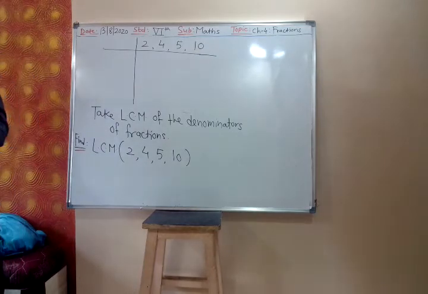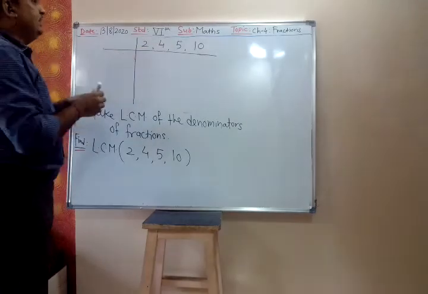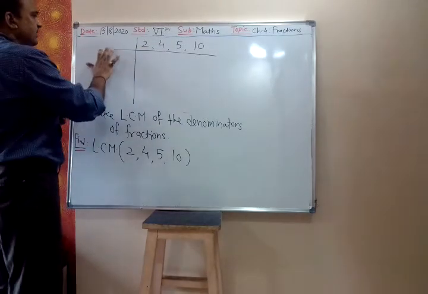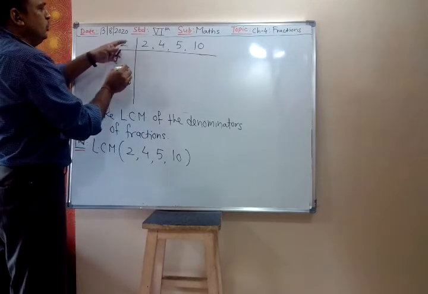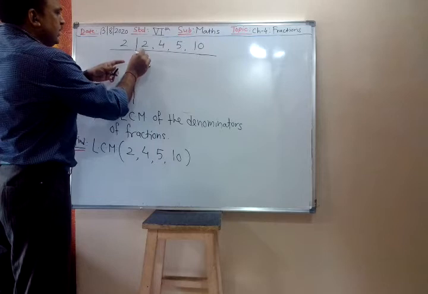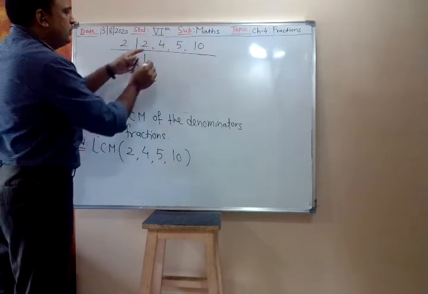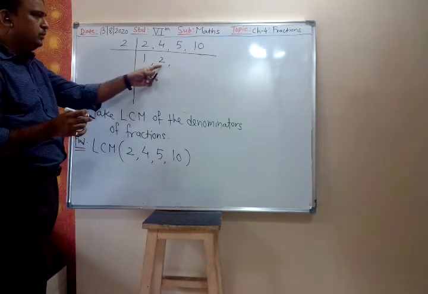Now we use the common division method. 2, 4, 5, 10. Let us divide by 2. 2 ones are 2, below 2 I will write 1. 2 twos are 4, below 4 I will write 2.